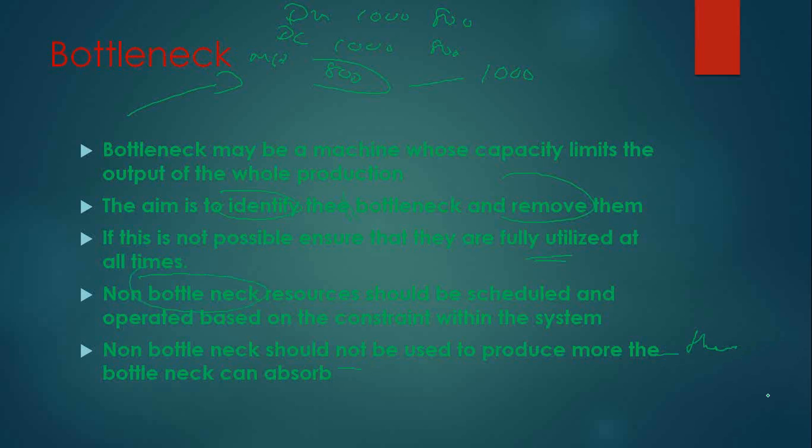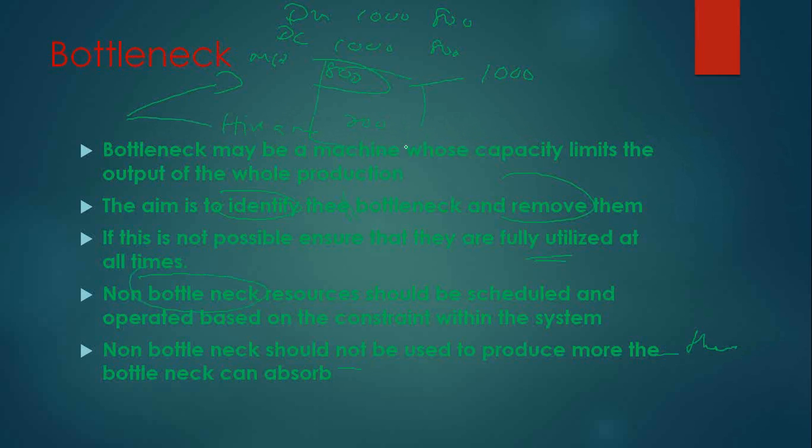So one way is to identify the bottleneck and remove it. How to remove it? Right now, you know the machine hours are only 800 you have, so that's a bottleneck. So the way to remove it is to see whether we can hire a new machine and add 200 hours.